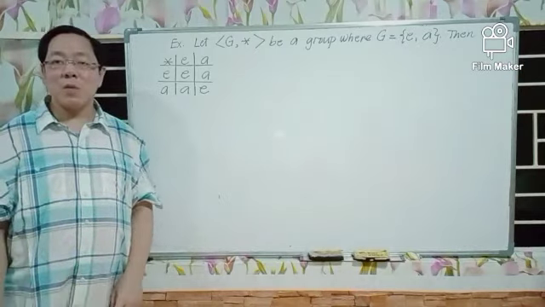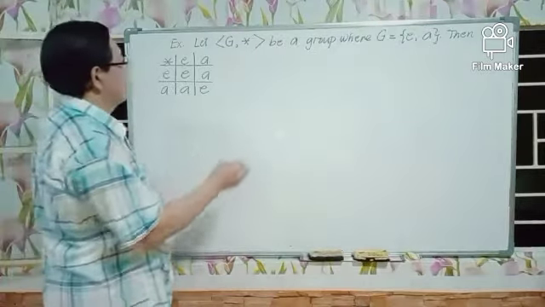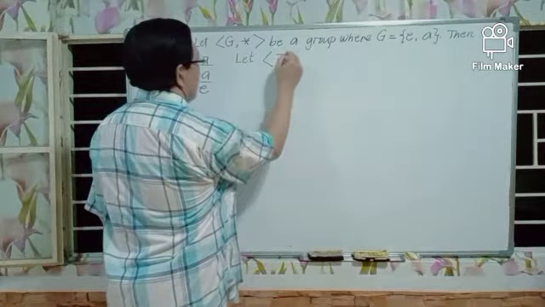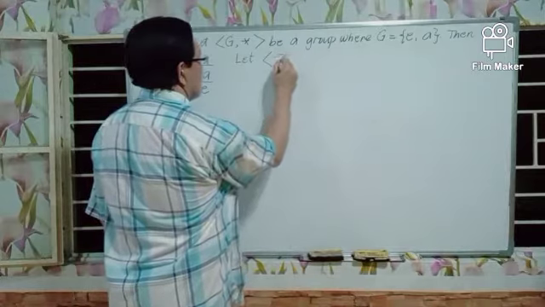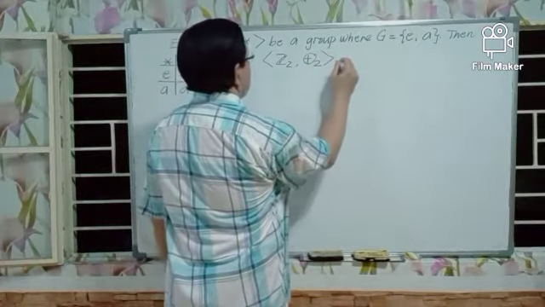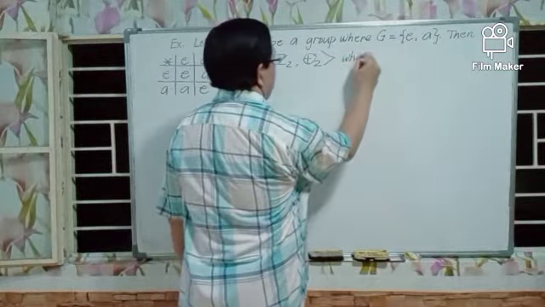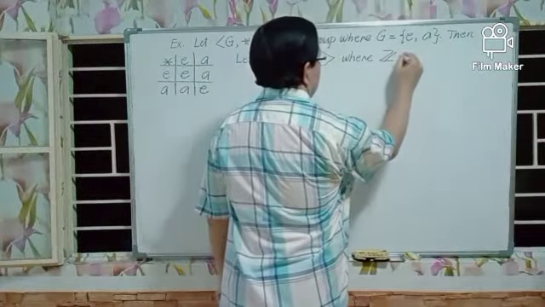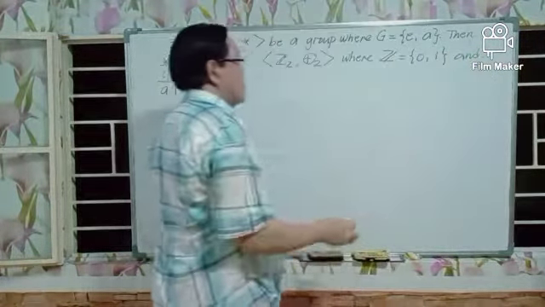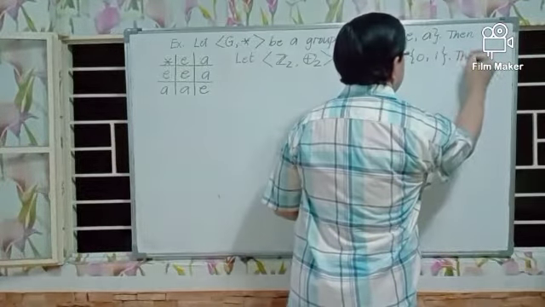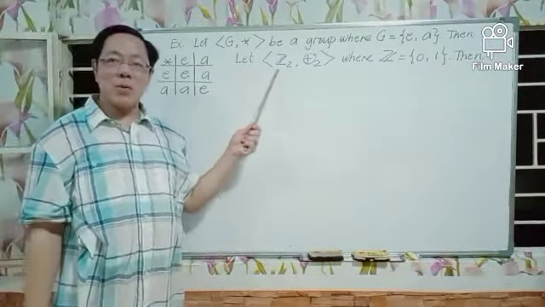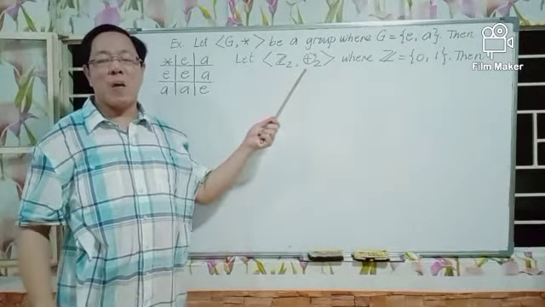Now we define another group, C sub 2. We let C2 with addition modulo 2 be the binary operation on C2.